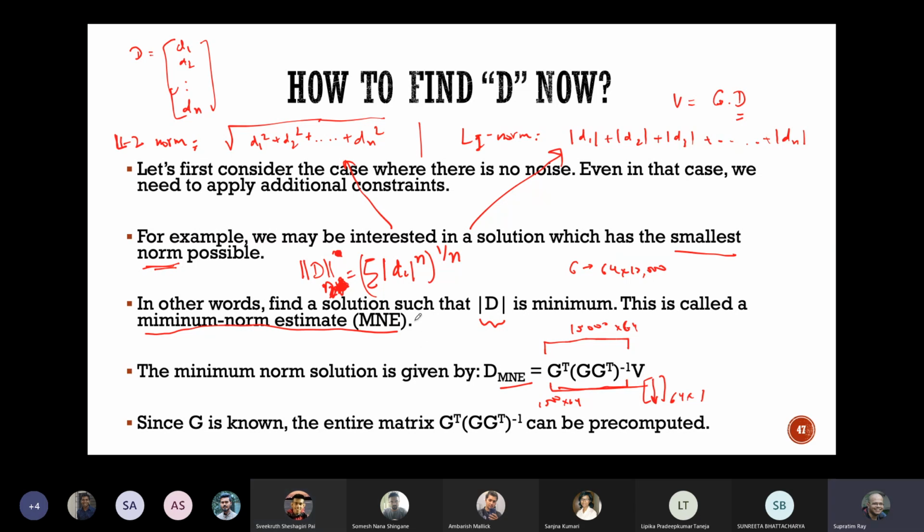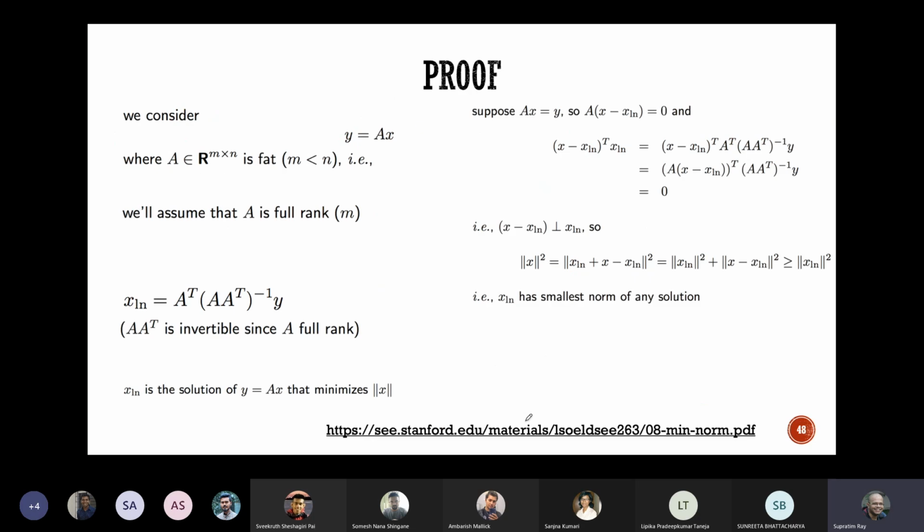So now let's find out why this is the minimum norm. This is the only part where I'm going to use some math, but I think it is very intuitive and important to understand. So I'm going to explain why this thing is the minimum norm solution. Whatever I'm talking about right now is from this particular note that you have.